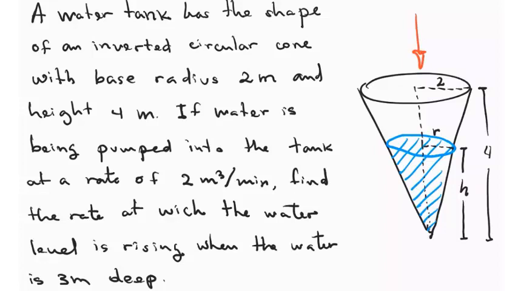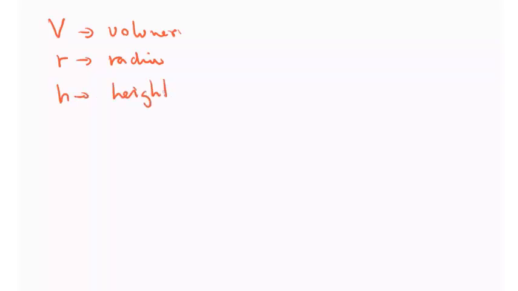Let's call the variables of the problem: V the volume of the cone, r the radius, h the height, and the time t.